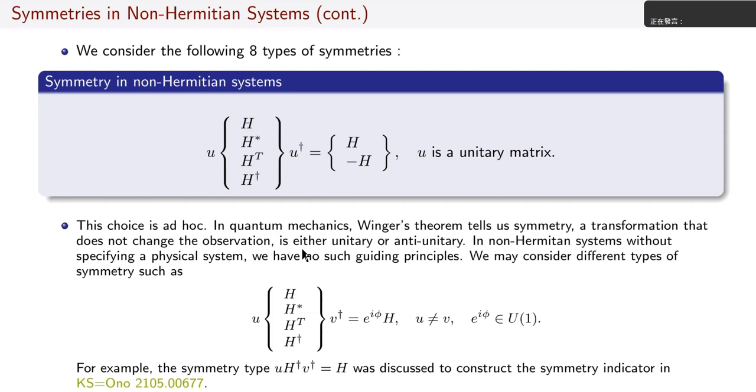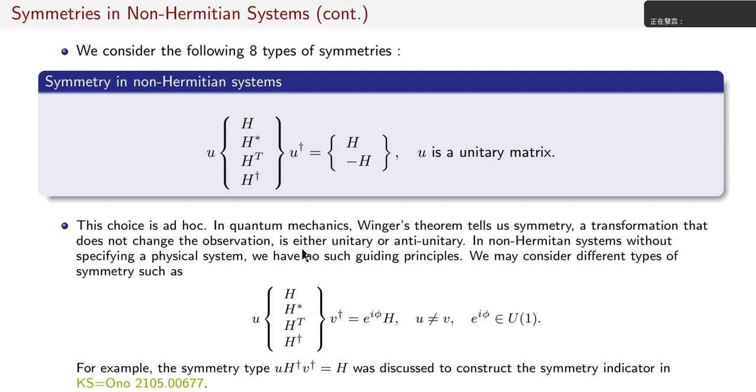And another point is we can extend this symmetry in the following way. Here I use the same U. Then we fix U, so we can consider different matrices U and V there. And also we may consider an arbitrary phase here. My point is we can easily extend the definition by hand.